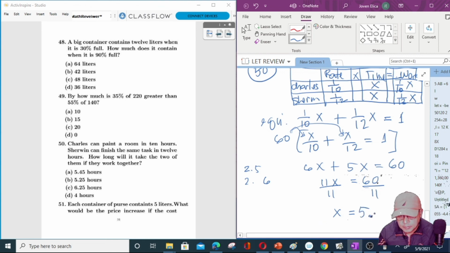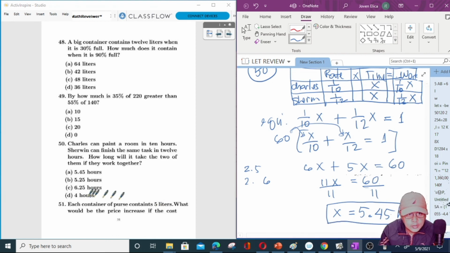This is 5.45 hours to finish the painting if they work together. So the answer is letter A, 5.45.